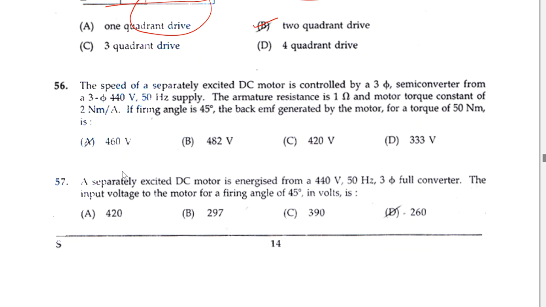So upon solution, V0 is equal to 3√6/π × Vphase × cos α, which is equal to 3√6/π × 440/√3 (V phase value) × 1/√2, since cos 45 is 1 by root 2. So if you simplify this, I get the answer as 420 volts. So I am getting the answer as 420 volts here.